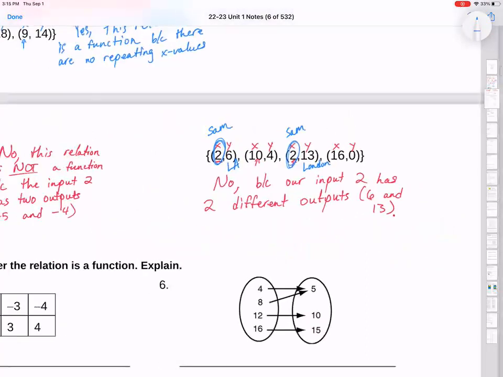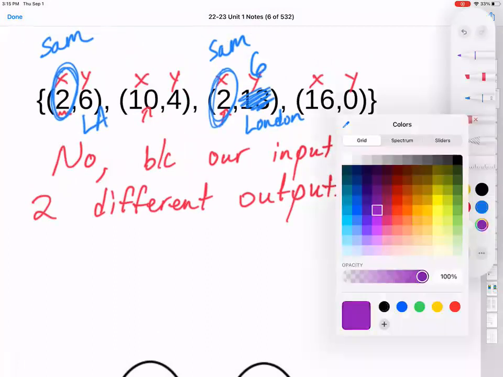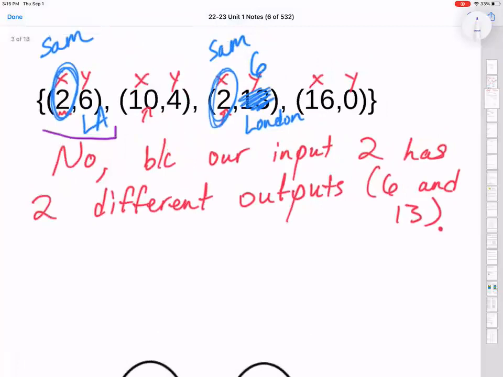Now, a moment ago I said like 99% of the time, that is not a function, and here that's a prime example. Sam cannot go to two different places, right? However, this would be a trick question: if that was not 13, let's say that was 6. Earlier in the statement, we said Sam is trying to go to LA, and yeah, Sam can do that. Then you have a different person going somewhere else.